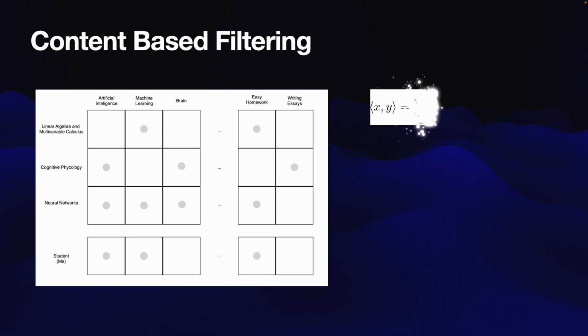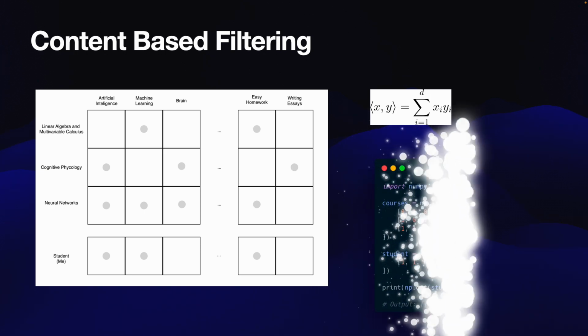So what we can do is take the dot product, so basically sum up the scores one by one, so we see that they match up. So we have 3 points for the neural networks, we have 1 point for cognitive psychology, and 2 points for linear algebra and multivariable calculus. So from here we can tell that neural networks are kind of the most relevant for me.